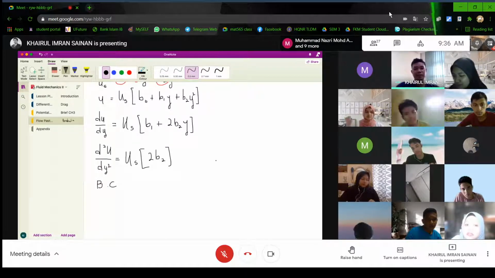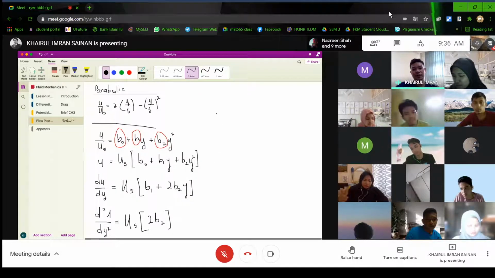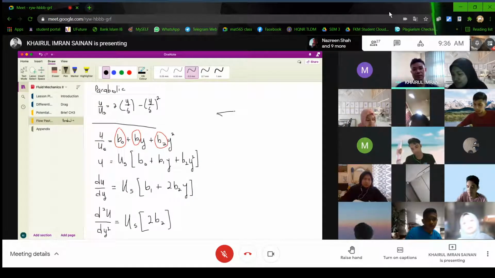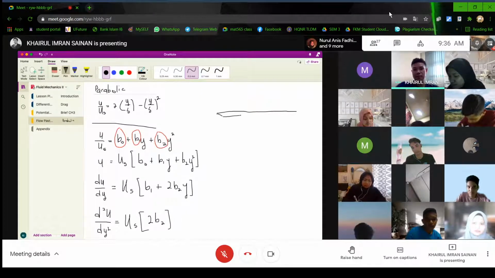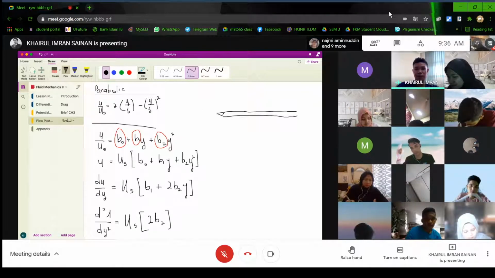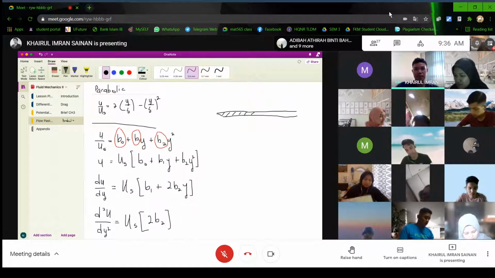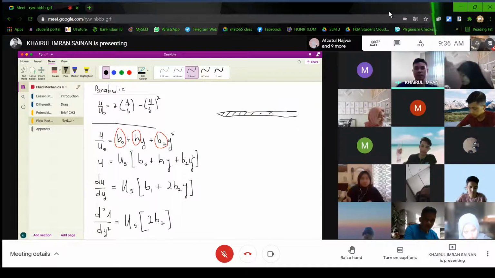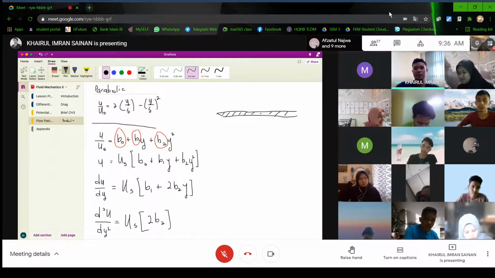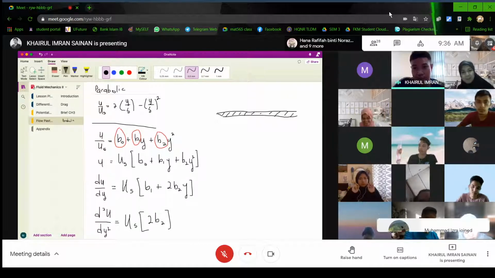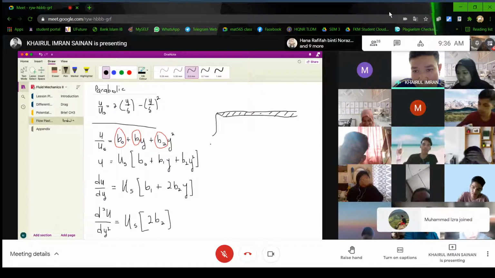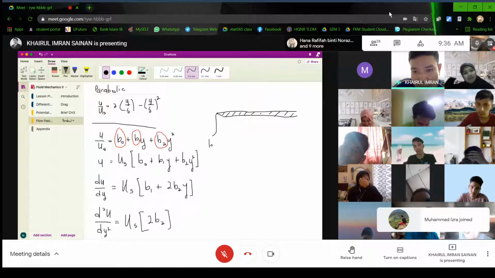Boundary condition. Okay, so now take a look at boundary conditions. Boundary condition is valid for all, not only for parabolic, but for all linear, sinusoidal, cubic. Okay, so here, this point, we call this the leading edge.